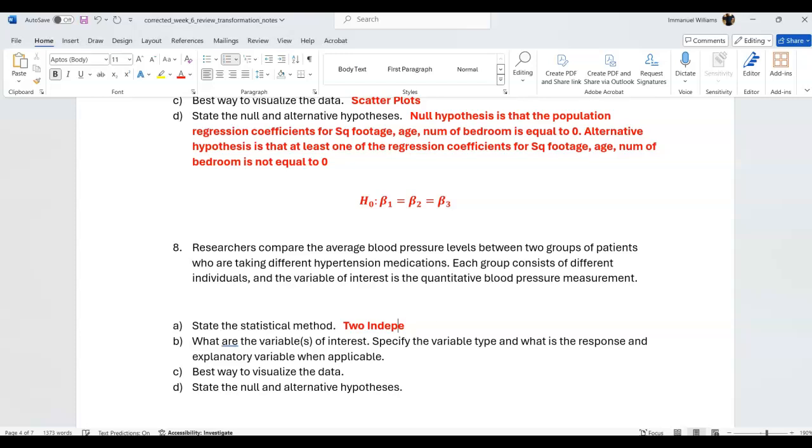This is type of group, or you can say type of medicine, and then blood pressure.